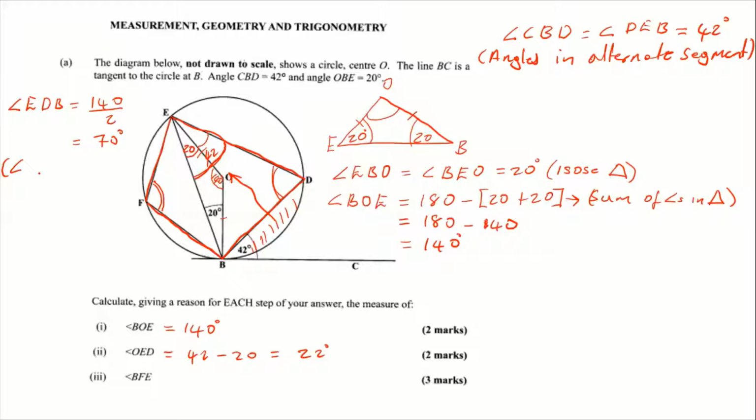angles at the center is 2 times the one at the circumference.